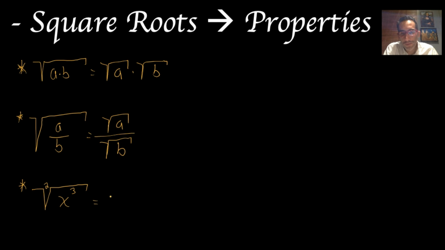This will be equal to x to a fraction where the numerator is the same exponent that you have inside the root, so it's going to be 3, and the denominator is the value of the root, so in this case 3/2. The numerator is still 3, and the denominator is just the value of the root that you have. So again, you can go back and forth with this as you may need in any given exercise. Okay, clear?